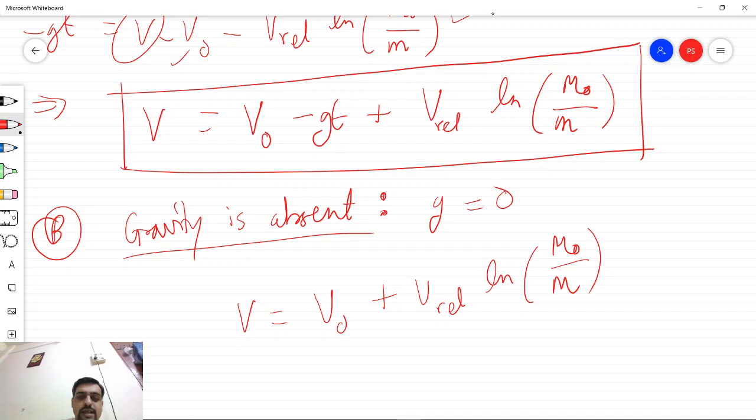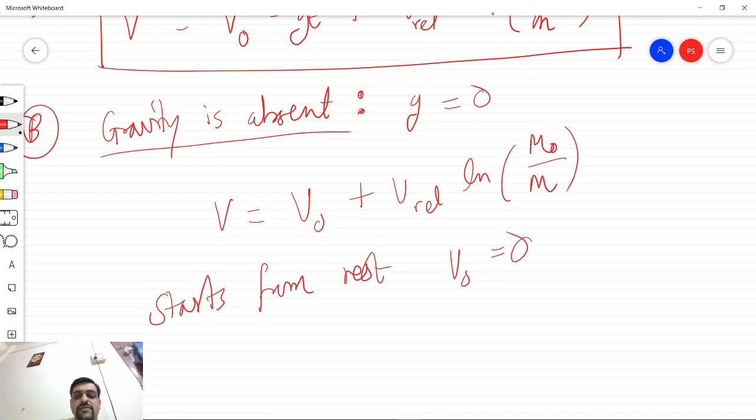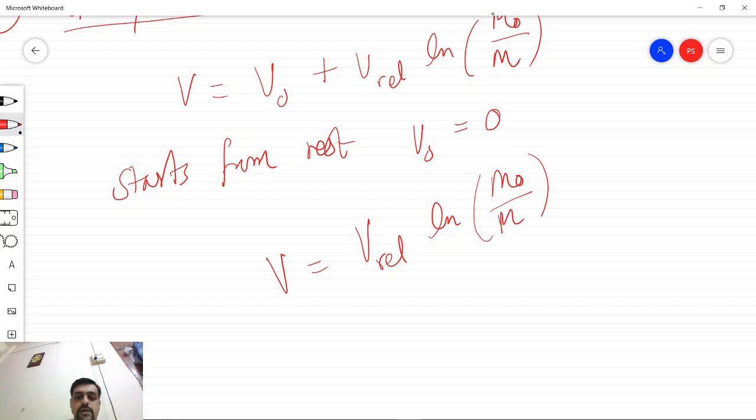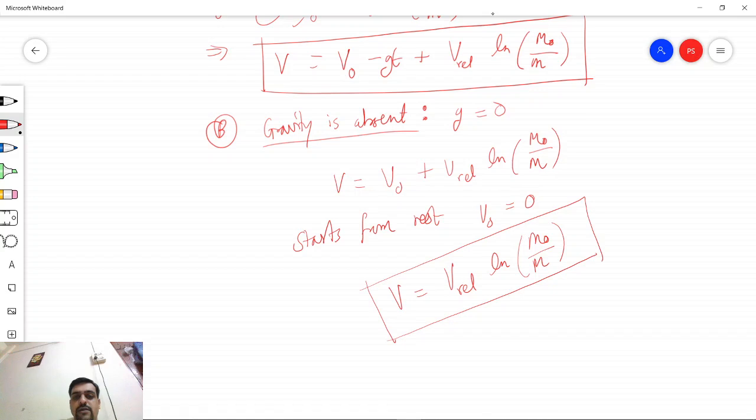We can further see that if the rocket starts from rest, v0 is then 0, which is the initial velocity of the rocket. So this formula gets further simplified as v equal to v relative log of m0 by m. This is a much simpler formula which is applicable only when the gravity effects are negligible and the rocket starts from rest.